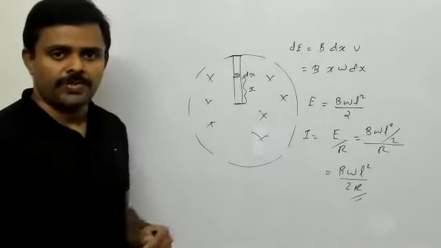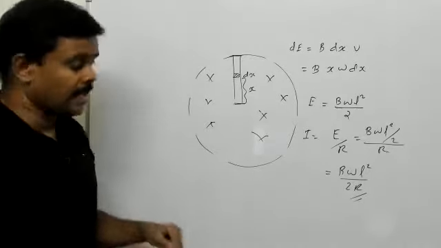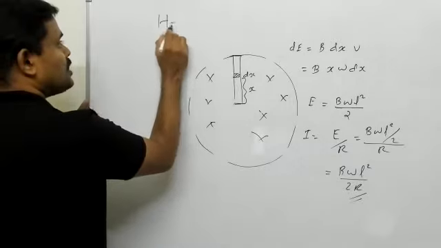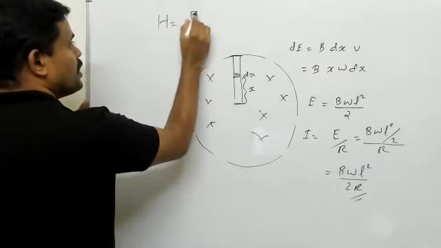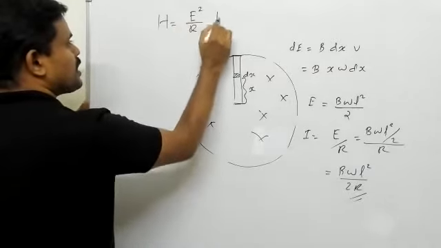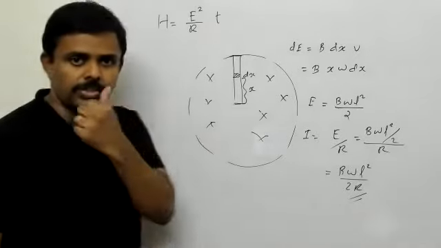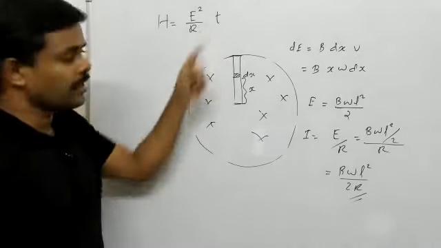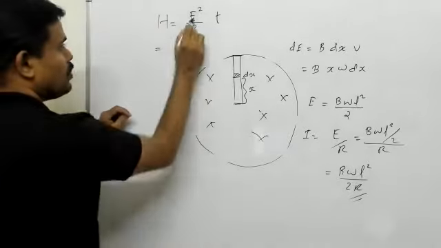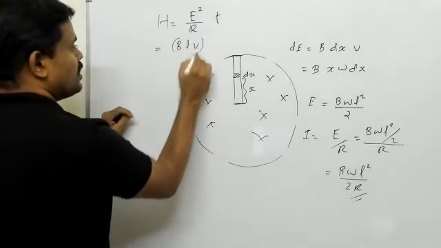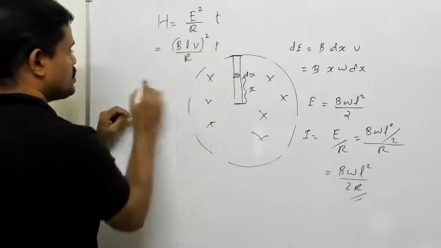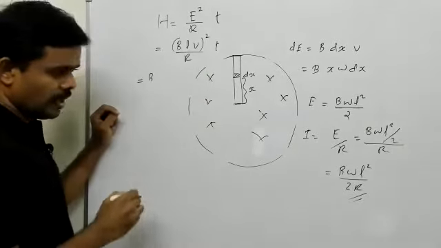The third part is to find out the power dissipation, the heat dissipation. What is the equation for heat dissipation? If you remember, heat dissipation is given by E square by R into T. That is what Joule's law of heating says. So E is BLV, the whole square by R into T. Oh, I made a mistake.